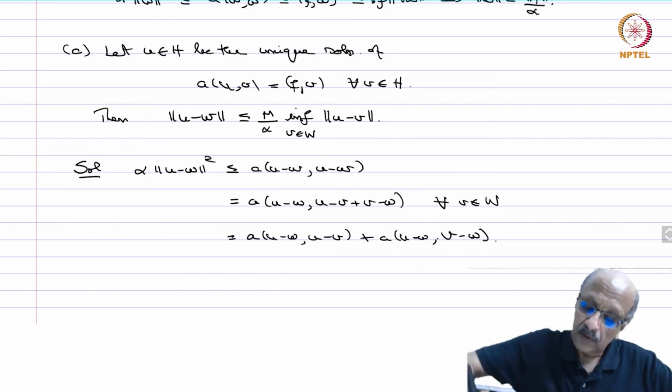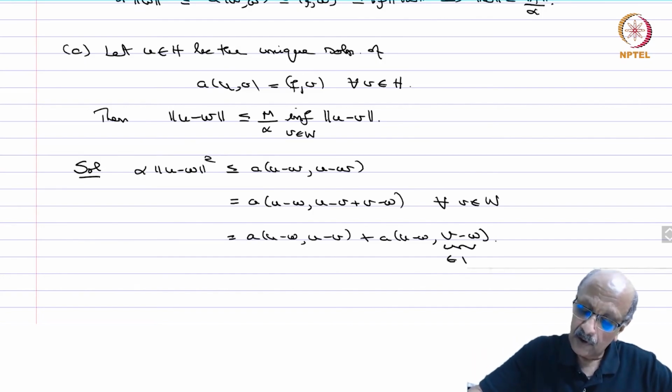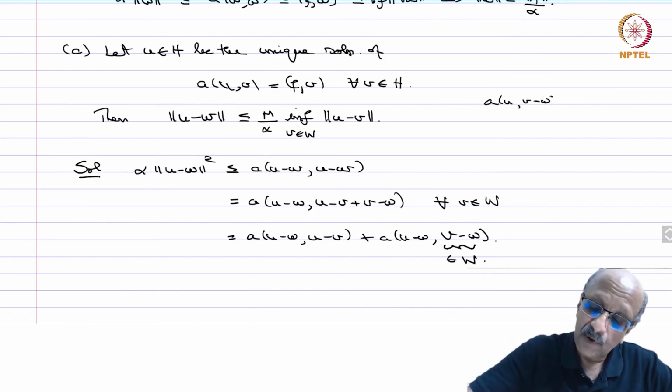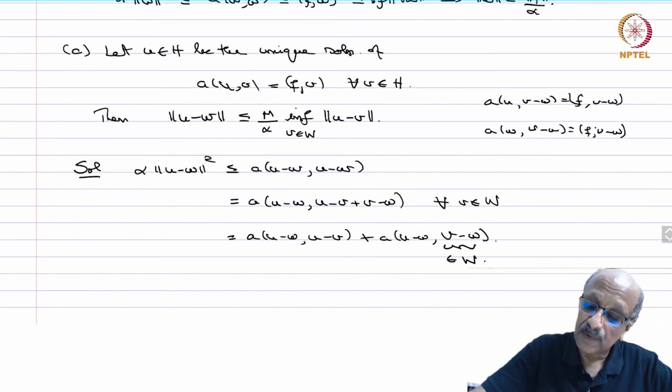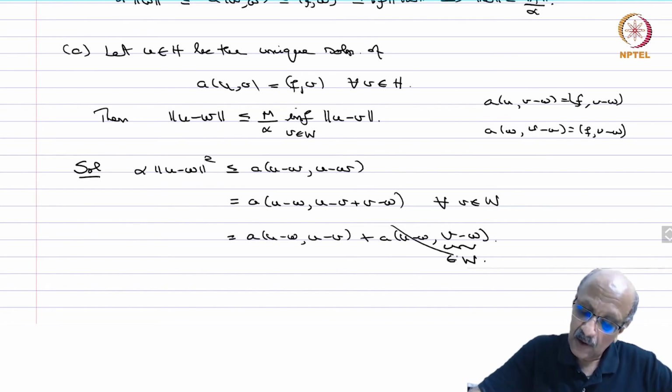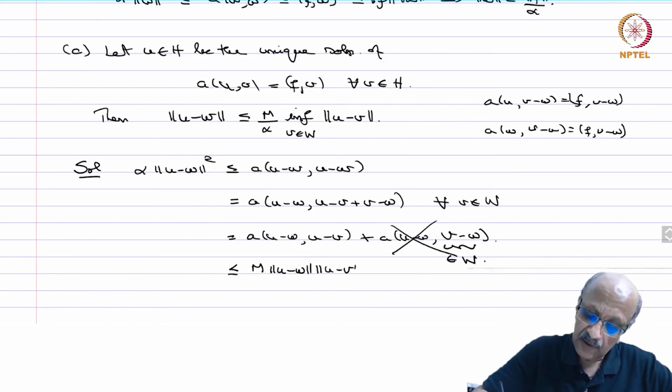Now what is this? v minus w belongs to W, remember. So a(u, v minus w) is F of v minus w because u is the solution in the whole space, and a(w, v minus w) is F of v minus w because w is the solution in the subspace. So both of these are the same, so this term becomes 0. And this is less than or equal to M times norm u minus w times norm u minus v.